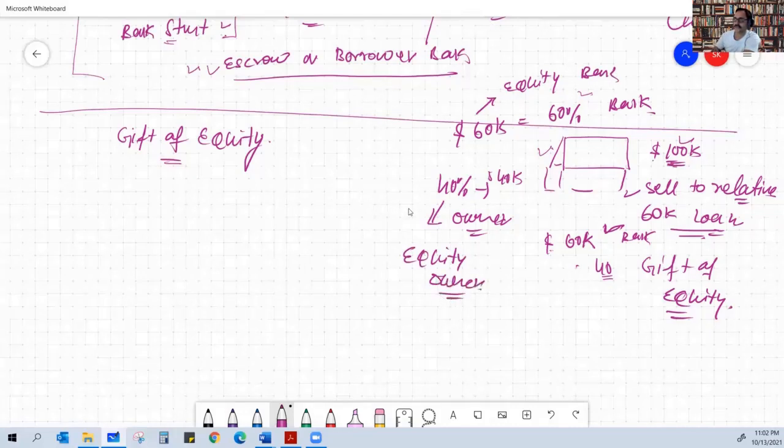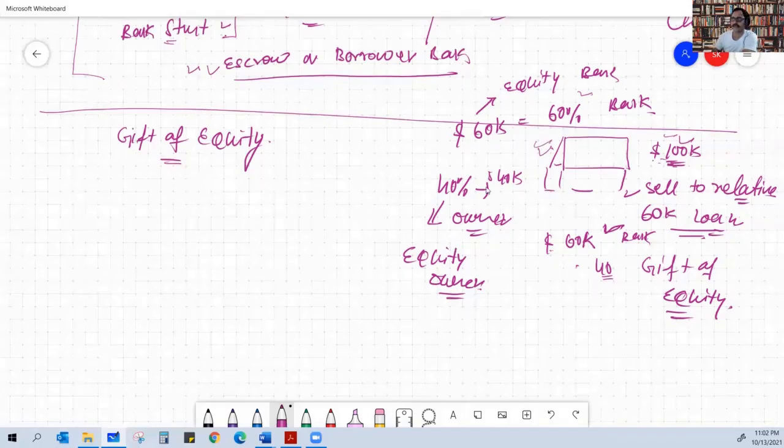Since the owner has only a 40% share in this property, they can tell anyone: if you want to buy this home, value 100,000, you pay 60%, or 60,000, to the lender, to the bank, for the existing loan, and the rest of the 40% is an equity gift from my side.